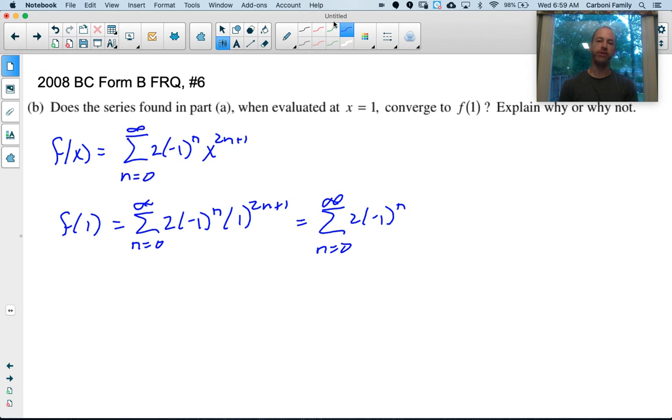So there's your series, and now I'm looking at this, and I can tell that this is geometric with a ratio of negative 1, and a geometric series will only converge when the absolute value of the ratio is less than 1, and this is not. Therefore, this diverges. And the question is, does the series converge to f of 1? And we say no, it does not. So explain why or why not would be right here. Geometric series with r equals negative 1, and the preliminary work is my explanation.